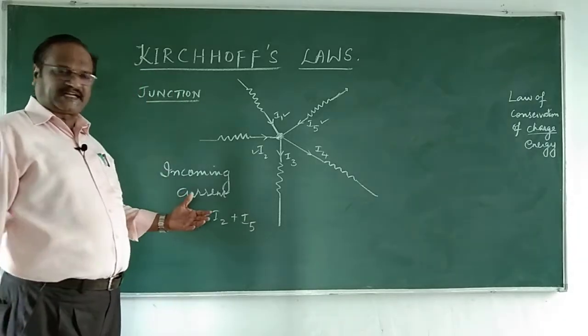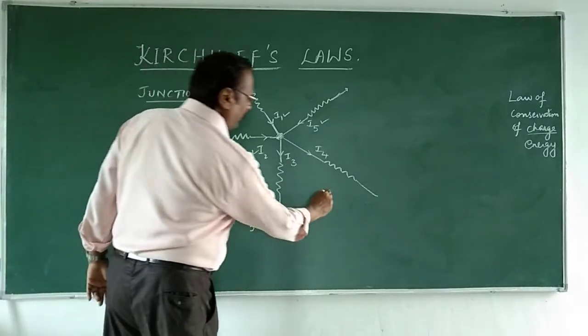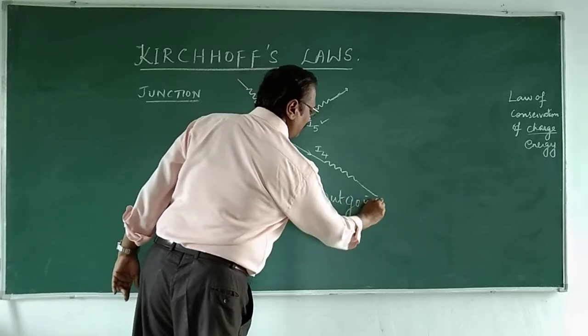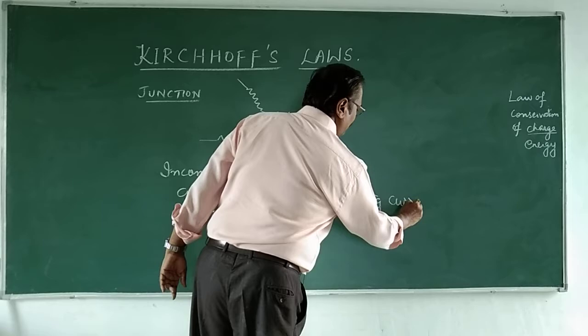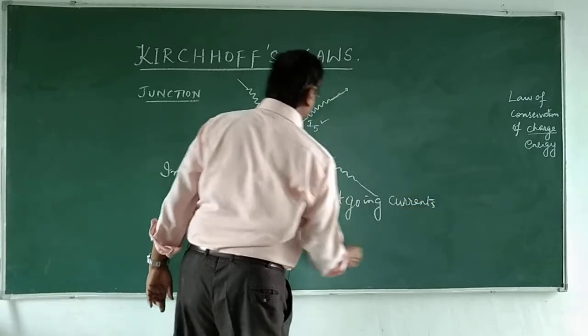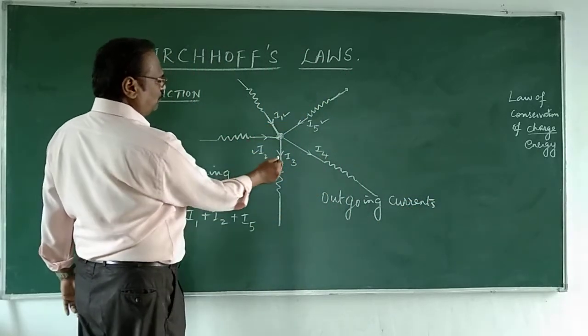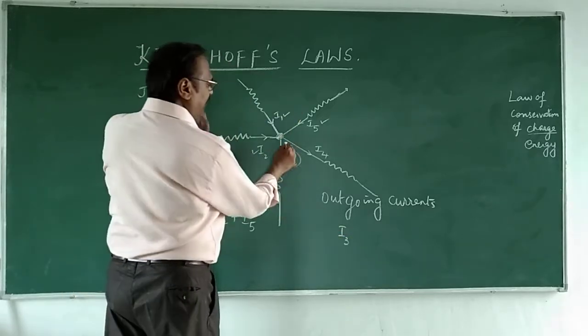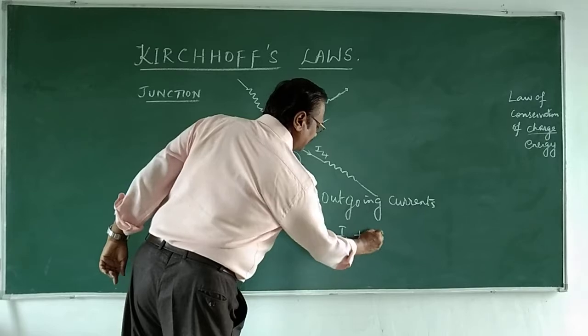These are the incoming currents. And on the other side I have outgoing currents. What are these outgoing currents? I3 is going out, so let me write I3, and I4 is going out, plus I4.